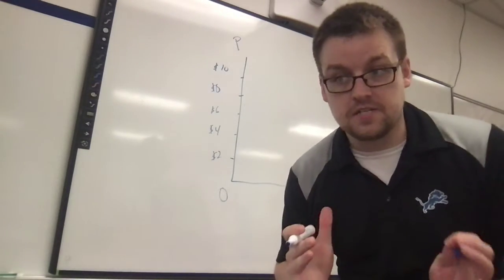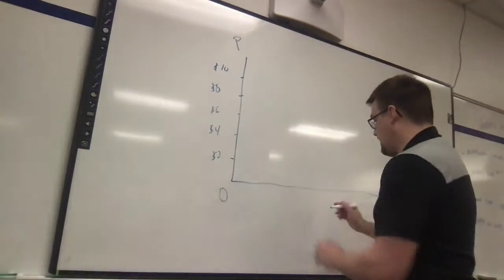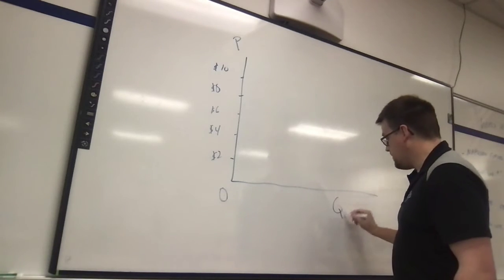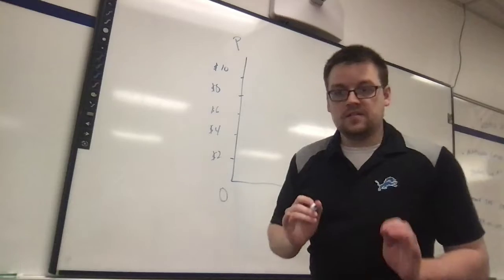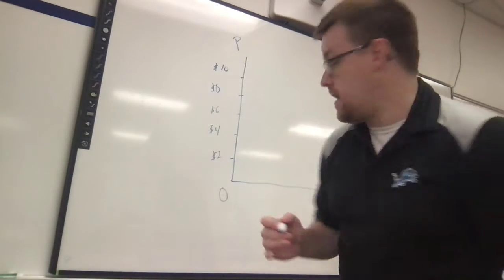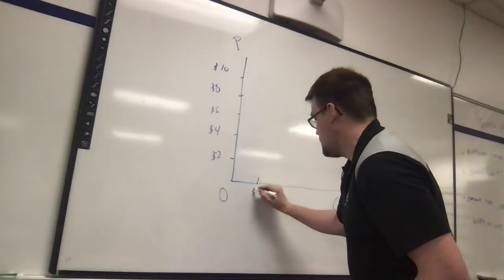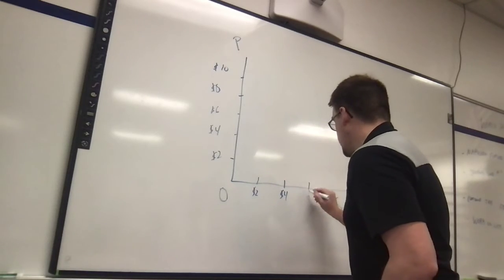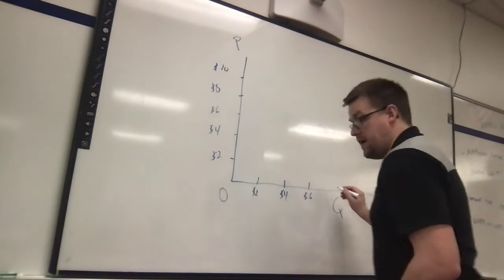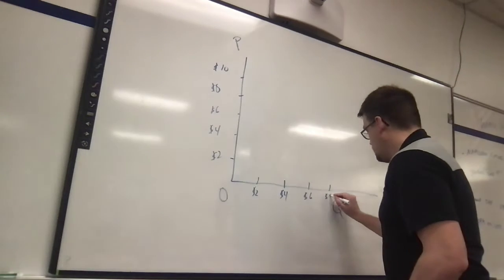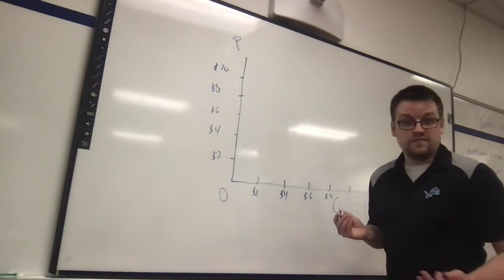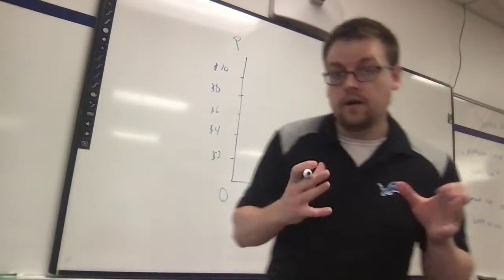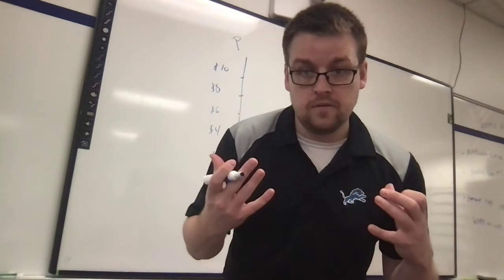We've got our prices. Now, on the bottom, we're going to have our quantity. So we got P up here, and our quantity down here. This time, we're going to go by 2s again. So 2, we'll have 4, 6, 8, and 10.